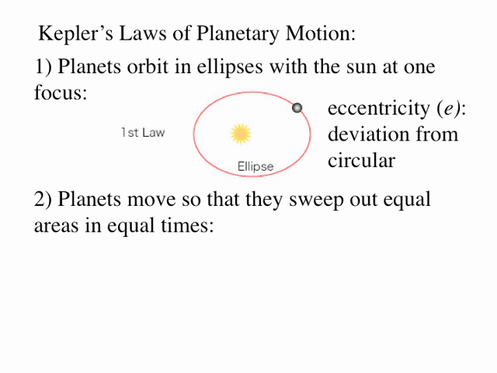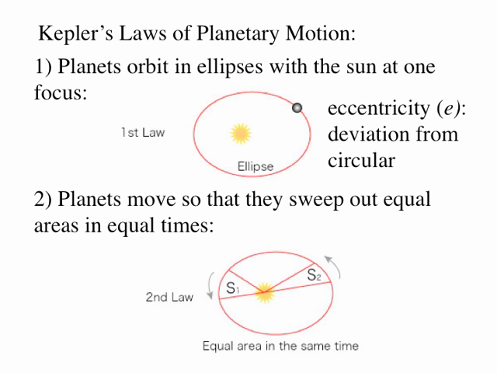Kepler's second law of planetary motion says that as planets move, they sweep out equal areas in equal times. What this means is that as a planet is closer to the sun, it must be moving faster in order to sweep out the same equal area.